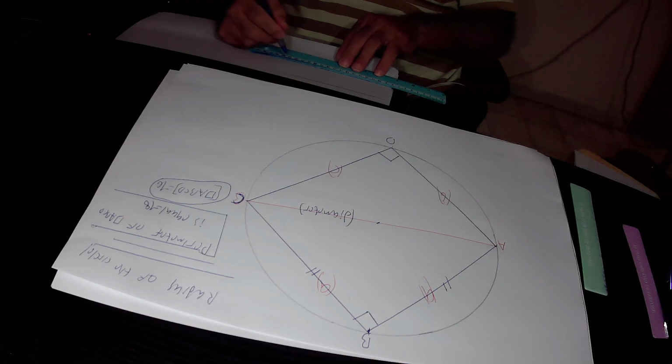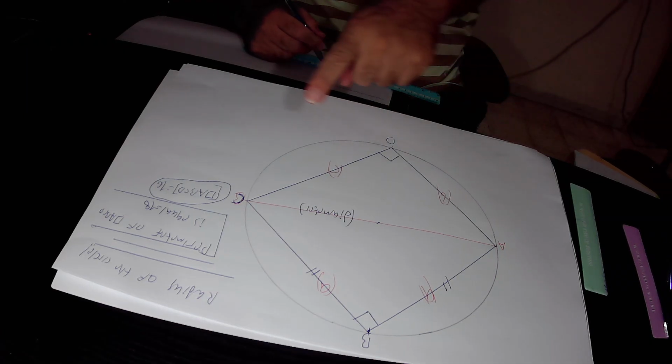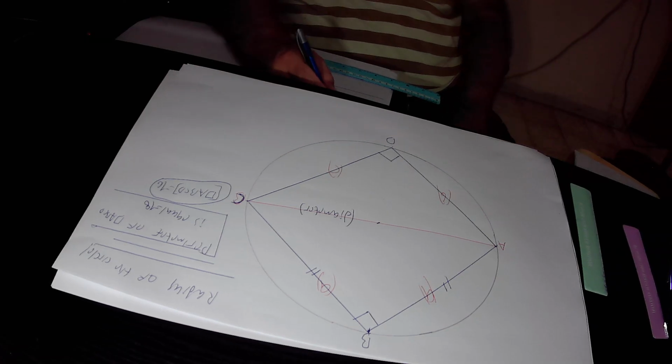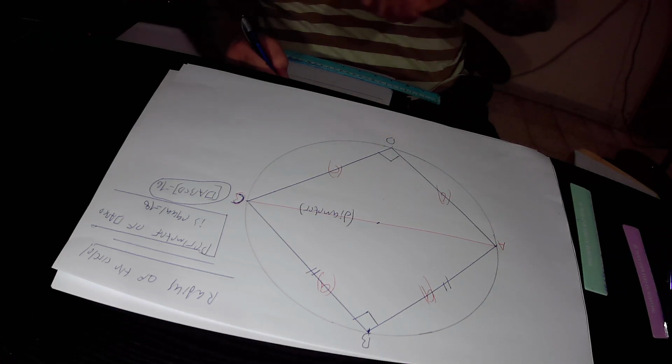In right triangle ABC, AC squared, that is the square of the hypotenuse, is equal to AB squared plus BC squared.